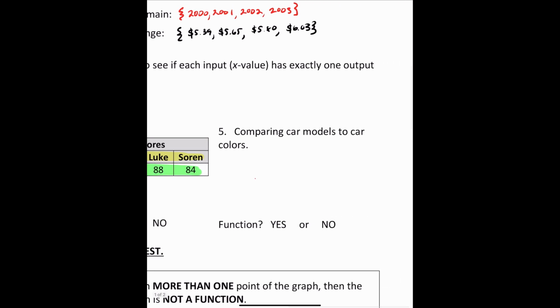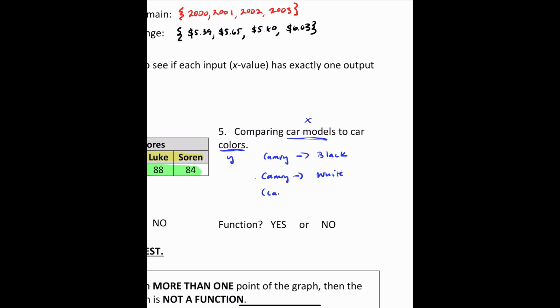So number 5, comparing car models to car colors. Would that be a function? Well, let me go ahead and just take a moment to give you an example. Let's say you have a Camry, and it's black. And then there's another Camry, and it's white. Well, we know that the car model is our X value, and the colors are the Y values.